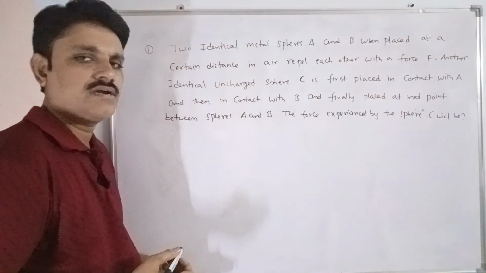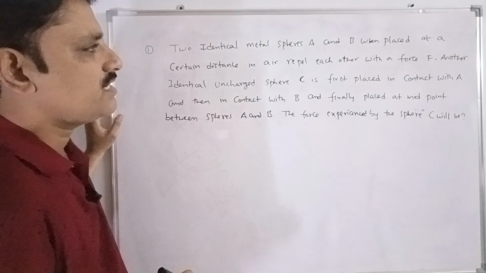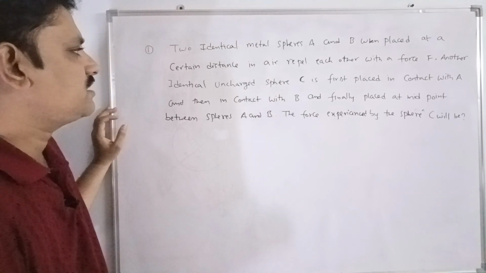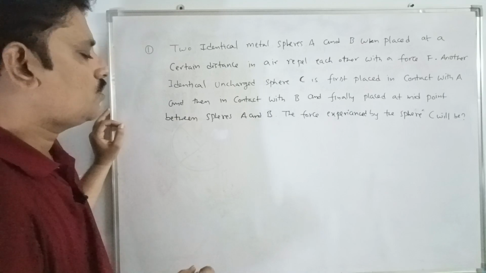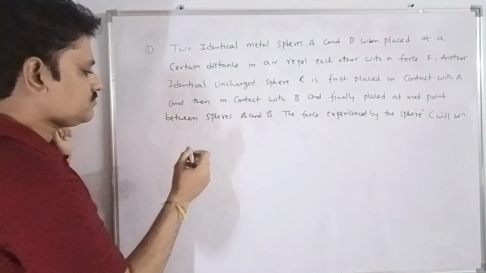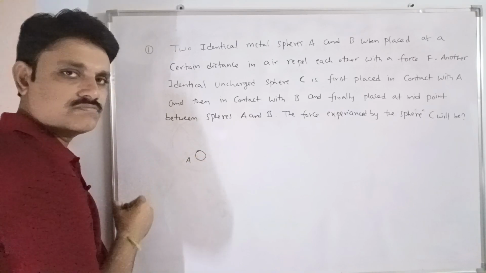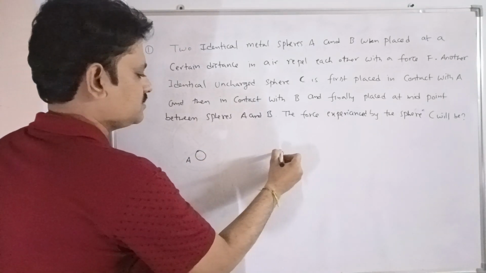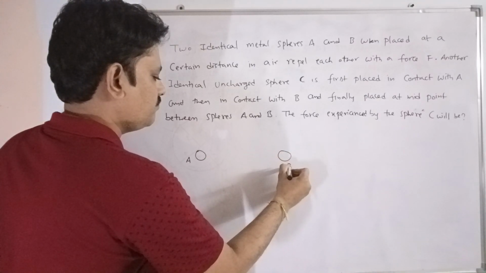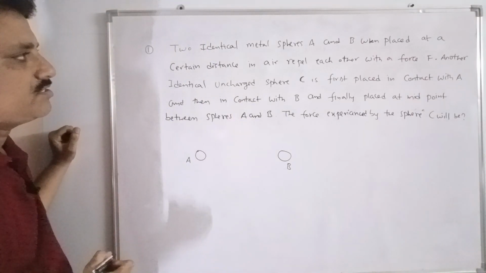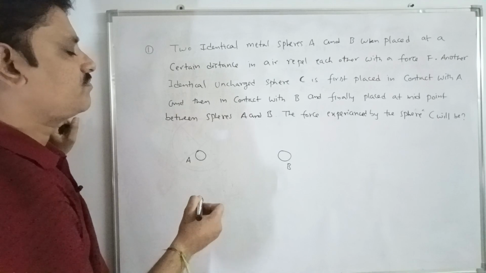Two identical metal spheres A and B, when placed at a certain distance in air, repel each other with a force F. This is one identical sphere A and this is another identical sphere B, and these two spheres are placed at a certain distance in air.